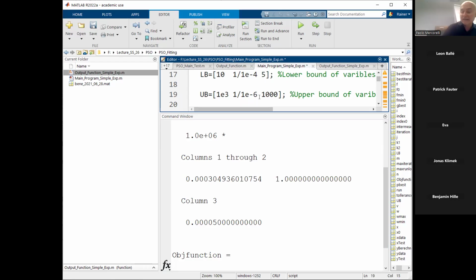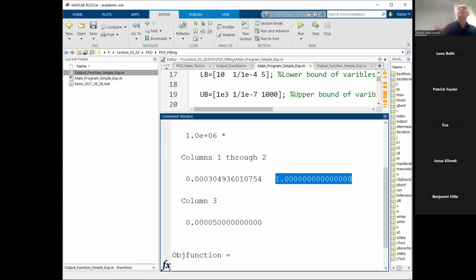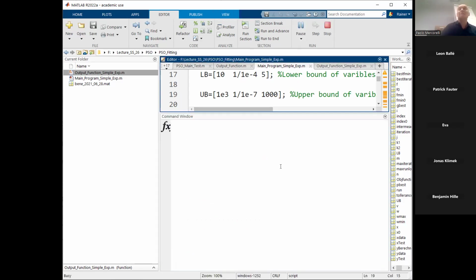I enlarge this, reducing the lower bound for the third one, and I increase the upper bound of the second value. It's clear what I'm doing, but not necessarily will work. Let me see.